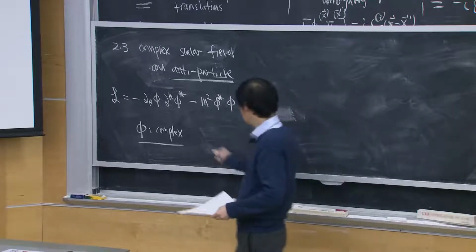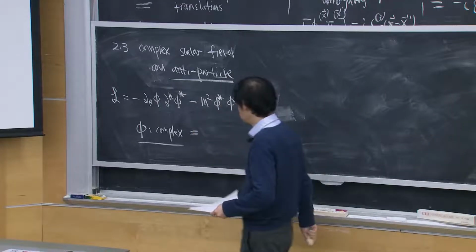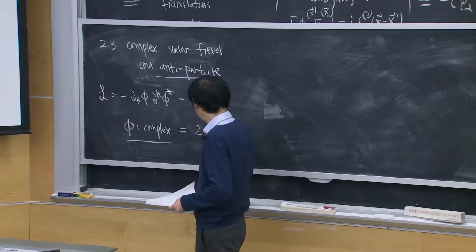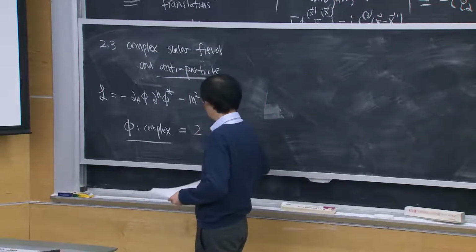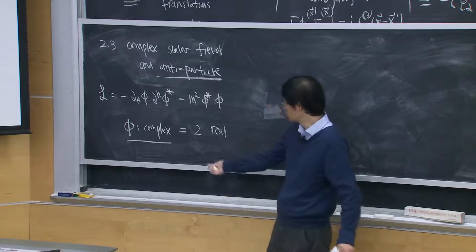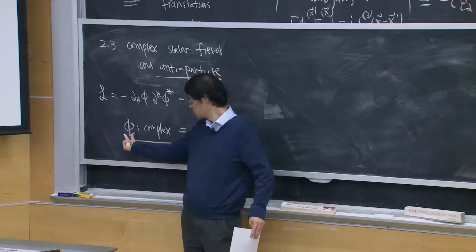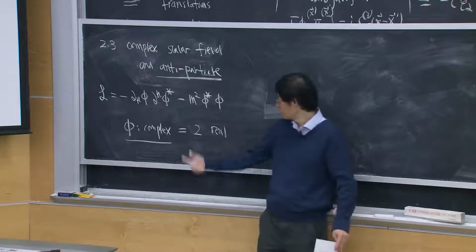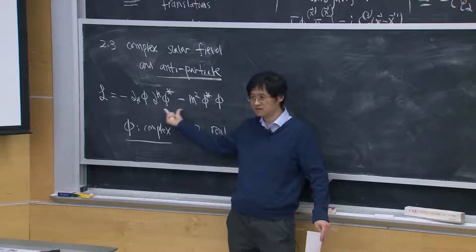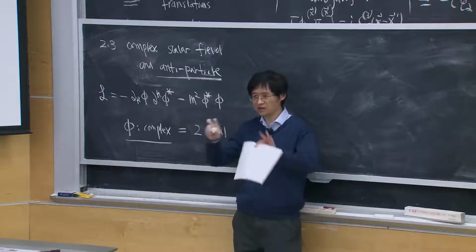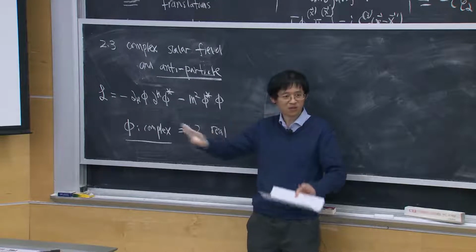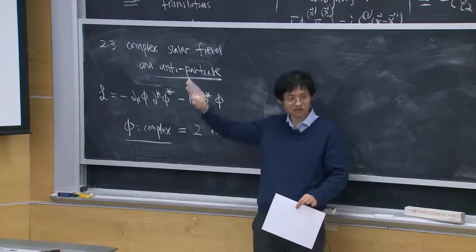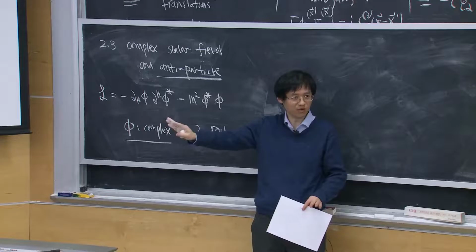So complex is also the same as two real. You can decompose phi into its real part and imaginary part. If you plug them in here, you find you just get two separate pieces: one is the free real scalar field for the real part, and one is the free scalar field for the imaginary part.